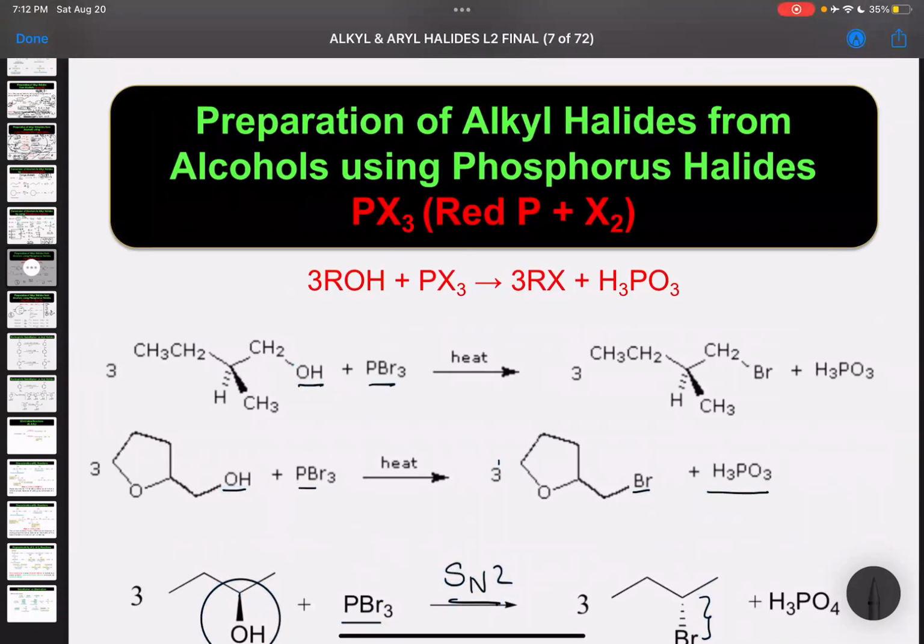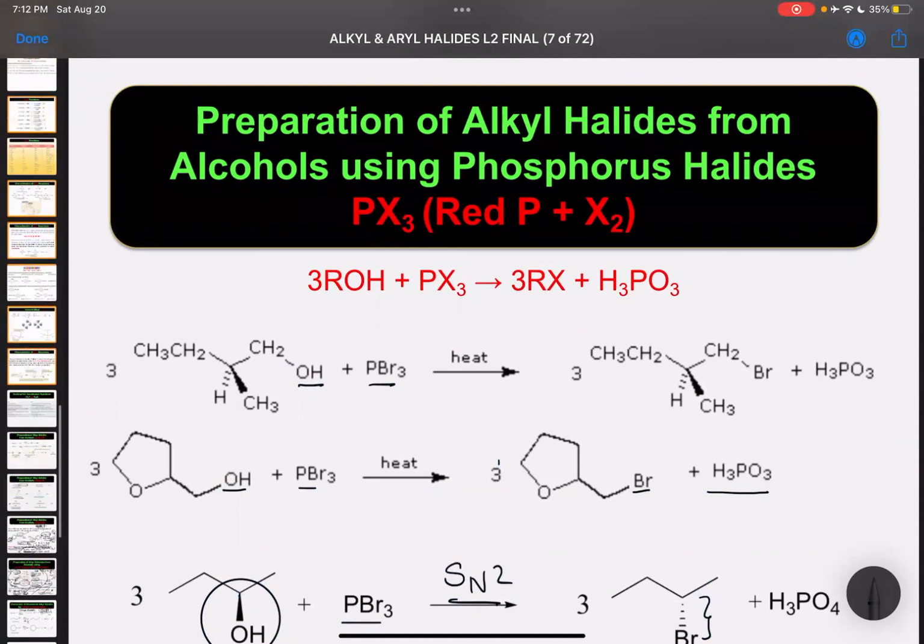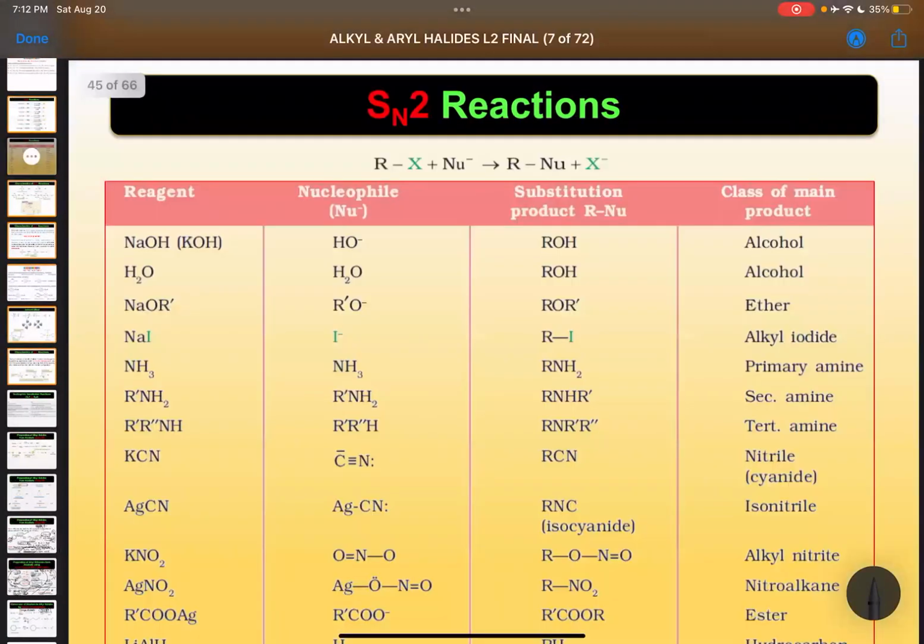You have seen so many nucleophilic substitution reactions in which OH was the nucleophile, H2O was the nucleophile, RO minus, I minus, NH3 were the nucleophiles. Those nucleophiles attack on RX. R was the aliphatic halide. Aliphatic means methyl, ethyl. R is a general name for methyl, ethyl, propyl, butyl.